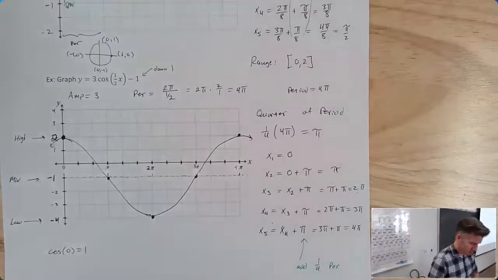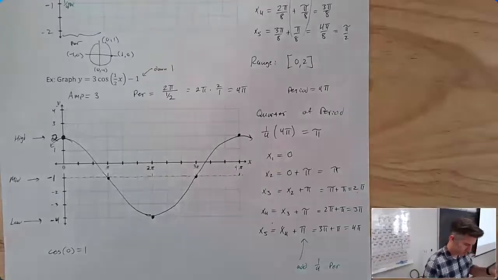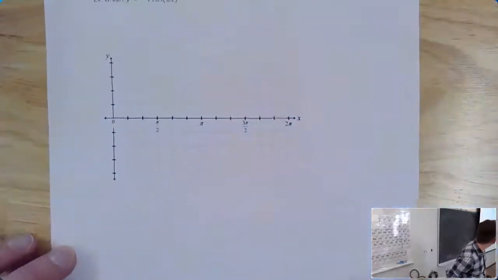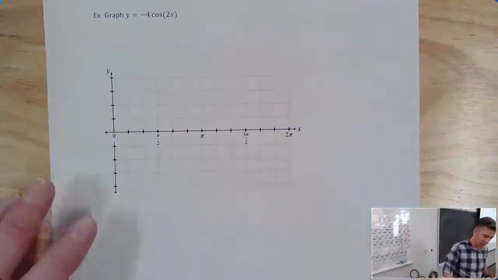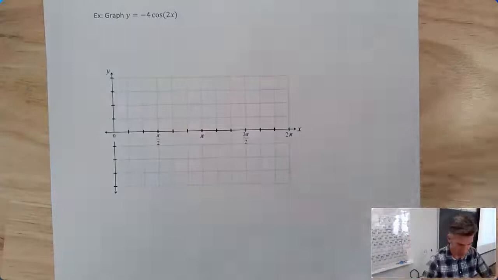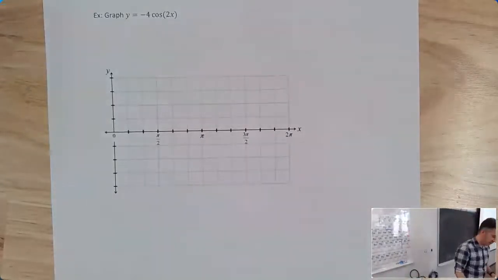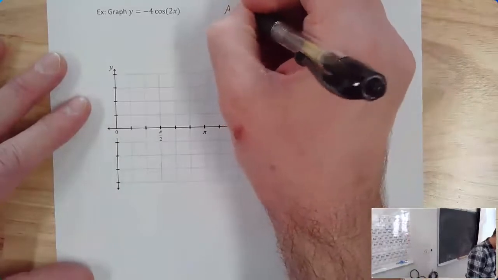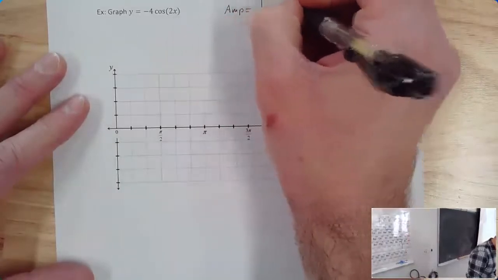All right. More examples. We got time. So let's graph. Why are they all cosine? They're all cosine. We'll do another. We'll do a sine one too. The -4 cosine of 2x. So our amplitude is the absolute value of -4, which is 4.